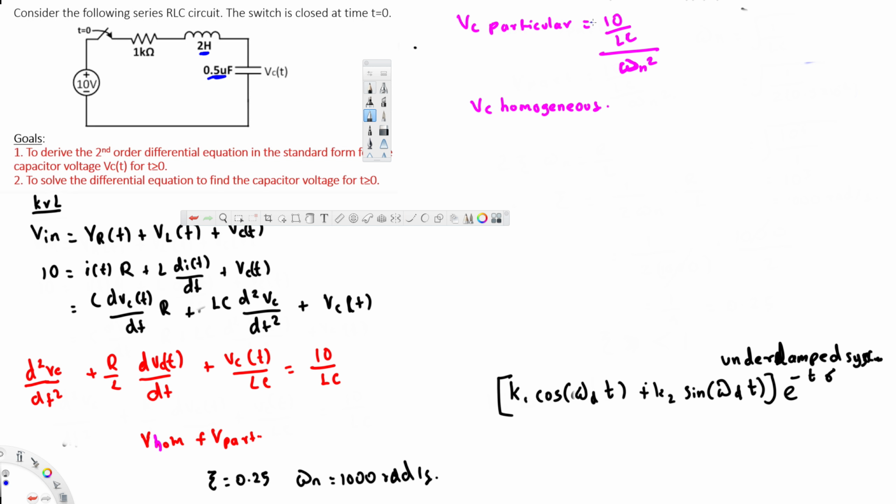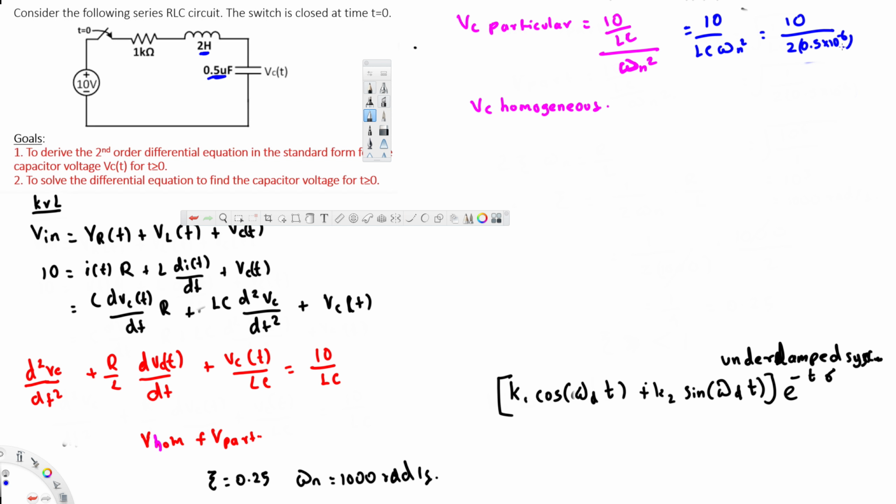Here we have the particular solution. We created the equation, but we didn't find the final answer, right? So instead of writing it like this, we can also write this one as 10 over L C omega n squared. And we found the omega n value, that is 1000. So this is going to be 10 over the inductance, which is 2 henries, times the capacitance, 0.5 microfarads. So this is 0.5 times 10 to the power minus 6.